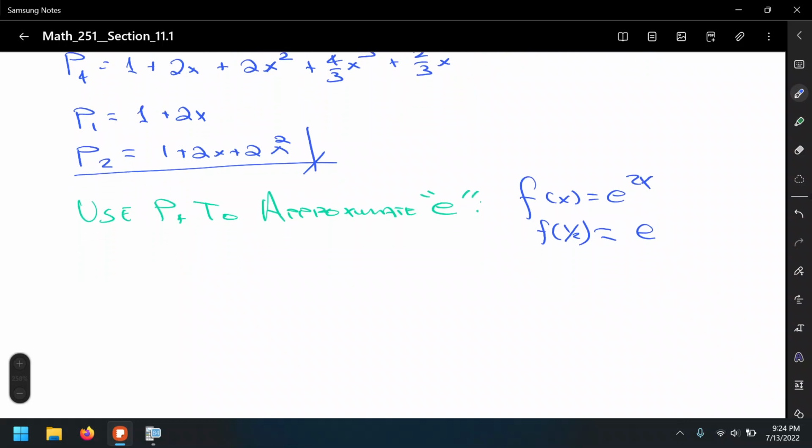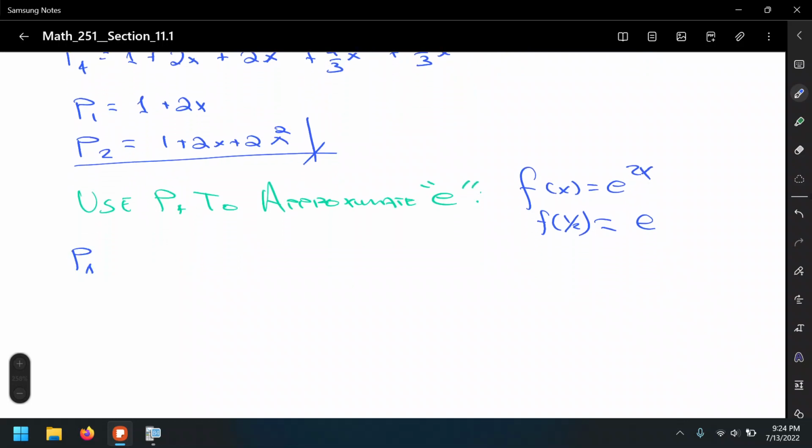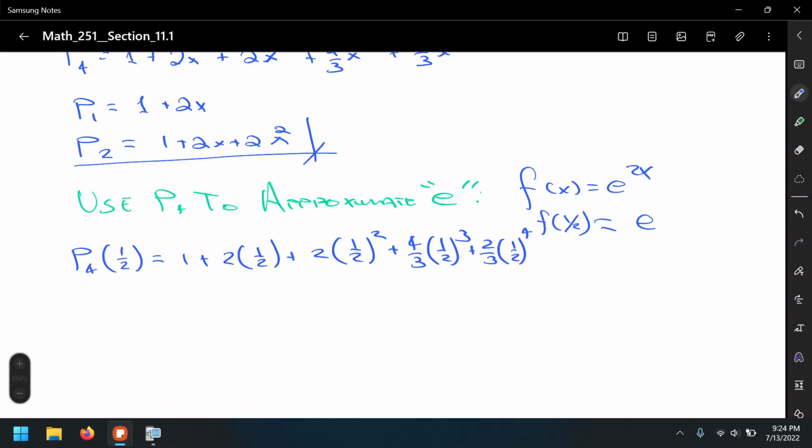So evaluating this P sub 4 at 1/2, that's going to be, well, 1 plus 2 times 1/2 plus 2 times 1/2 squared plus 4/3 times 1/2 cubed plus 2/3 times 1/2 to the 4th power. And using a graphing calculator, we can simplify all this.